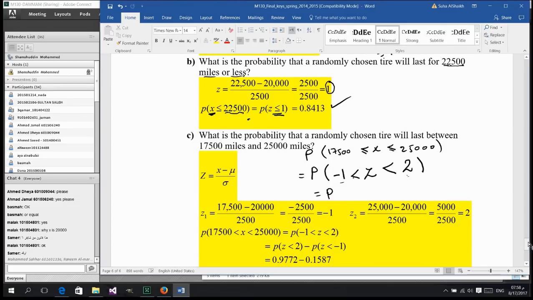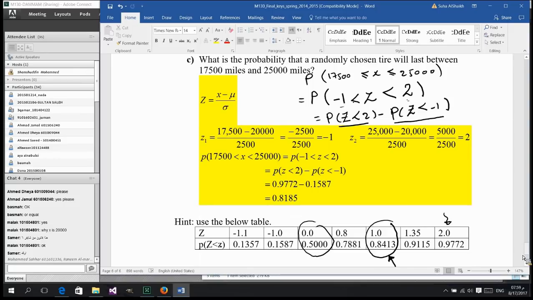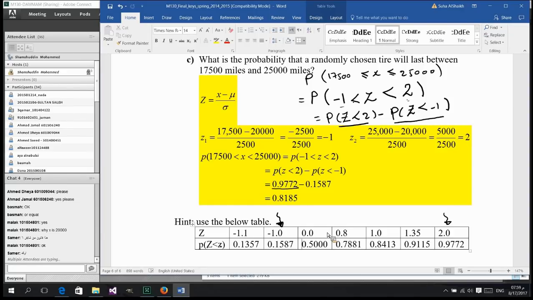Now this is the probability of z less than 2 minus the probability of z less than -1. Substitute. Get them from the table. Can you see it? This is at the 2, and the -1 is here. So substitute the two values, 0.9772 and 0.1587. This will give you the result.